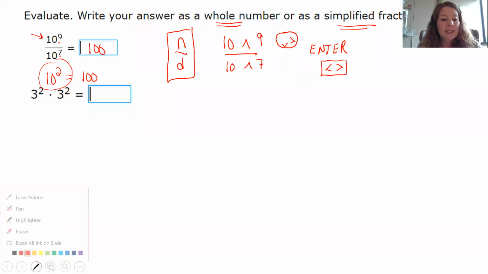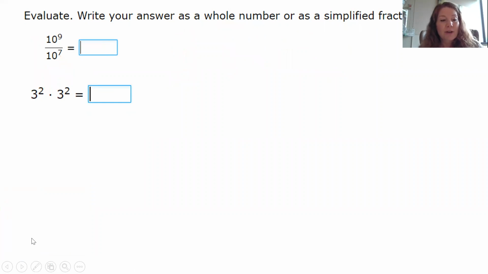All right, the next one, you can type it directly in your calculator, or I'm thinking of our exponent rules. I have the same base, so I'm going to add 2 plus 2, and I know 2 plus 2 is 4. So on my calculator, I'm going to do 3 to the 4th, and I know the answer is 81. All right, once again, I have 9 6s on the top.